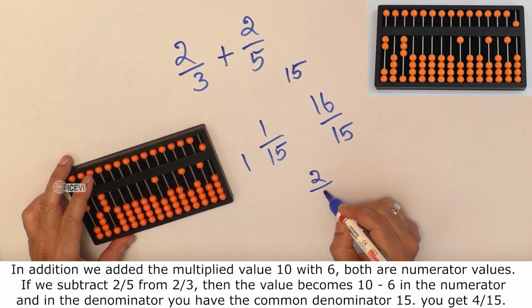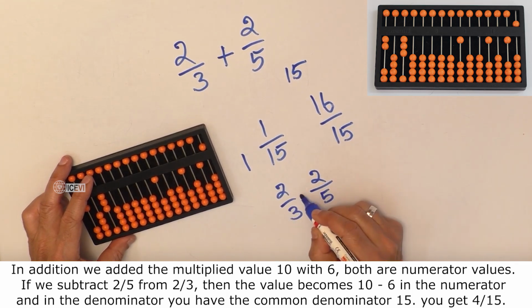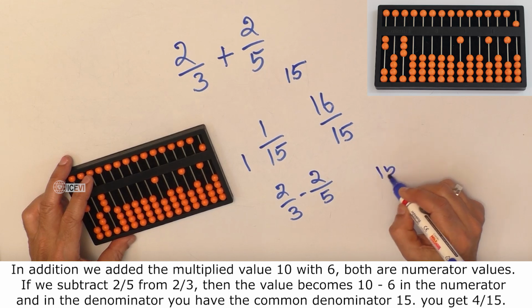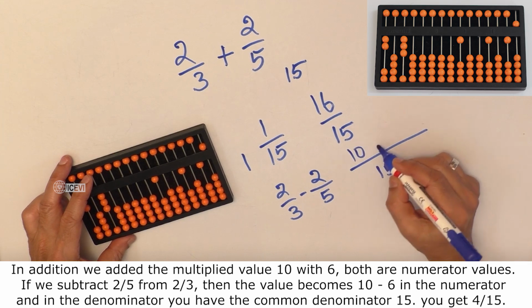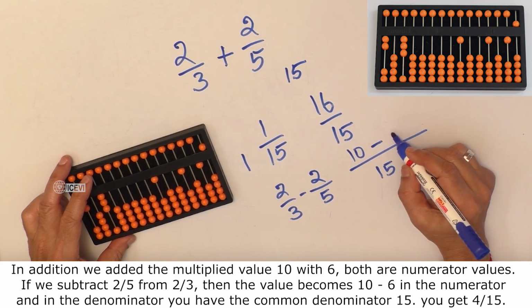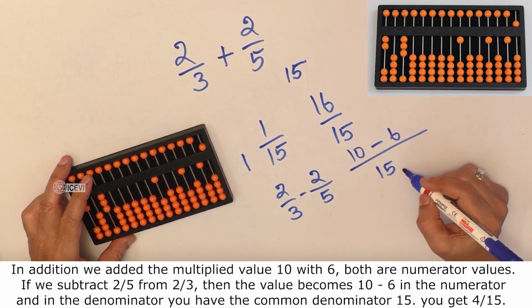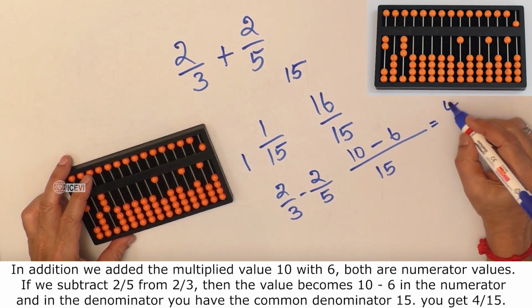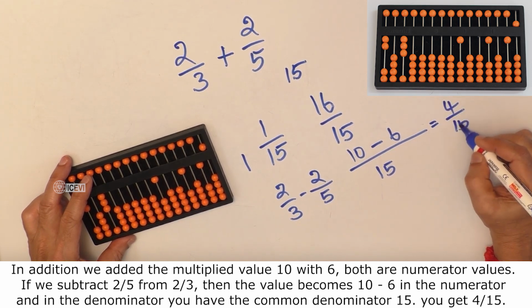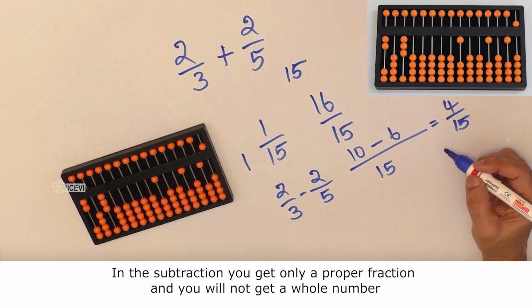If we subtract 2 by 5 from 2 by 3, then the value becomes 10 minus 6 in the numerator, and in the denominator you have the common denominator 15. You get 4 by 15. So in the subtraction, you get only a proper fraction and you will not get a whole number.